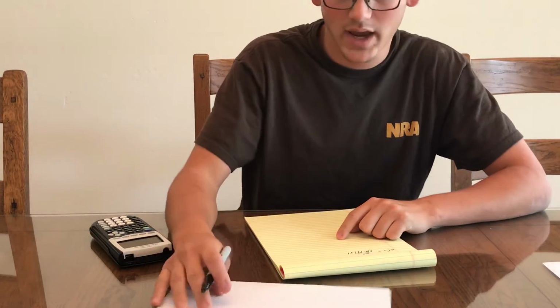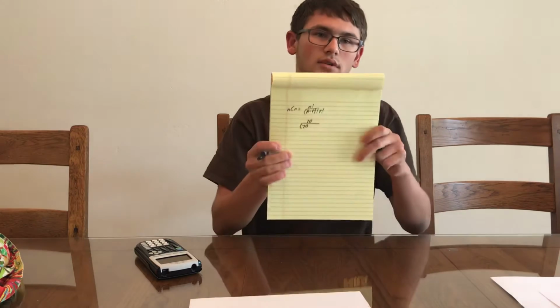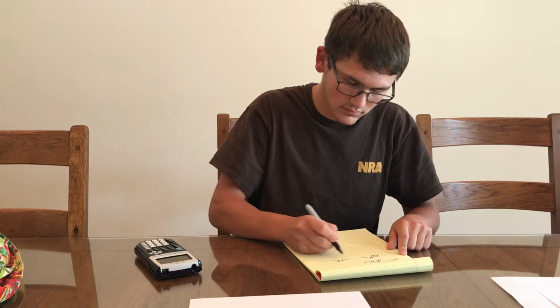So for our n, we have 70 and 25. Because we have to deal with 2 different equations, we will be doing 2 of these equations in one problem. So we have 70 over 70, and 25 over 25.